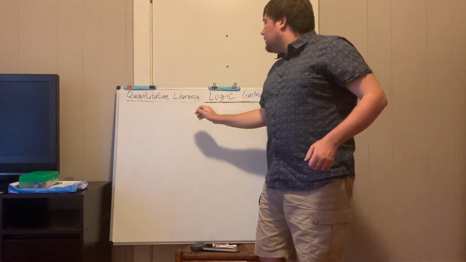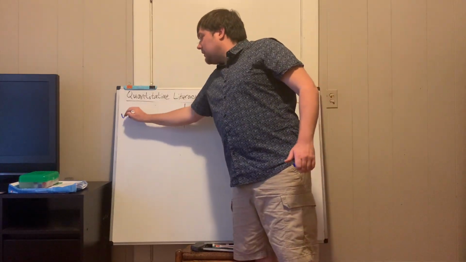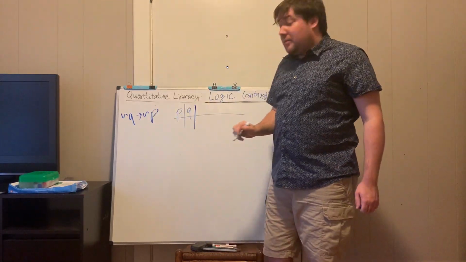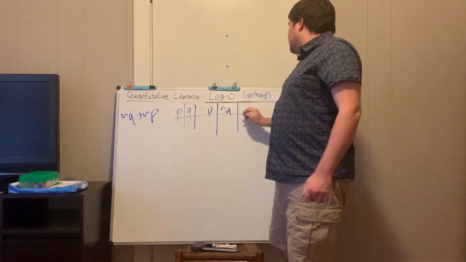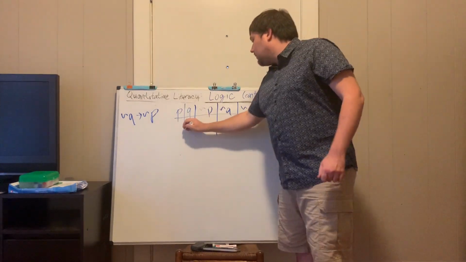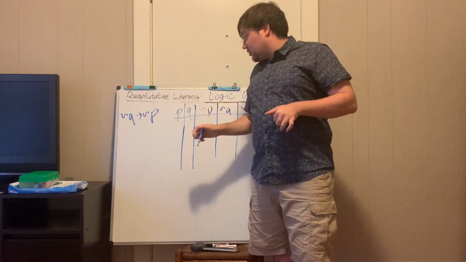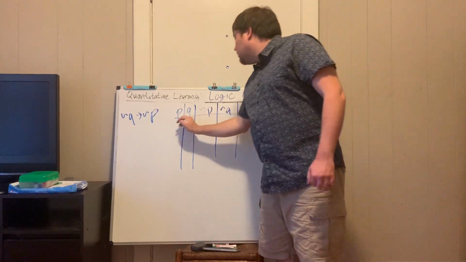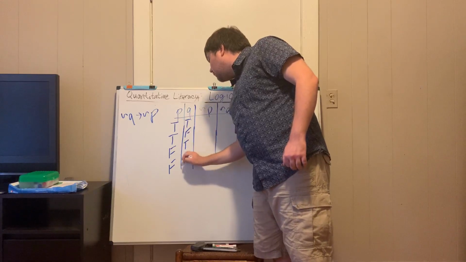Again, we've got P, we've got Q. Our end result that we want is not Q implies not P. So in both of those, we're going to need not P, and we're going to need not Q. And then we can do our not Q implies not P. Let's make this big. Again, set up your chart like before. Remember, there's two statements, which means there's 2 times 2 rows, or 4, and it always takes the form true, true, false, false, true, false, true, false.